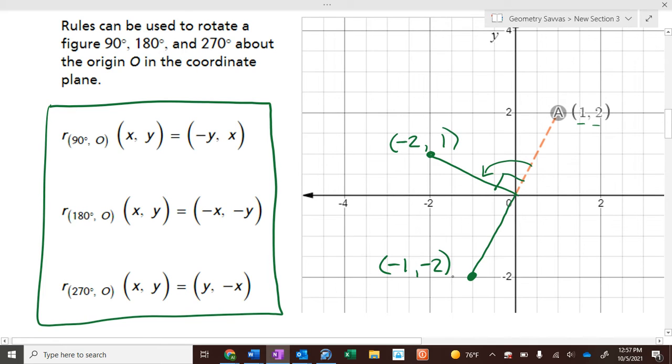That looks like a straight line. For 270 degrees, you switch the x and the y, and you make the opposite sign out of what originally was the x. So it's 2, negative 1. And this is 270 degrees because it's 90 degrees plus 90 degrees plus 90 degrees. There you go.